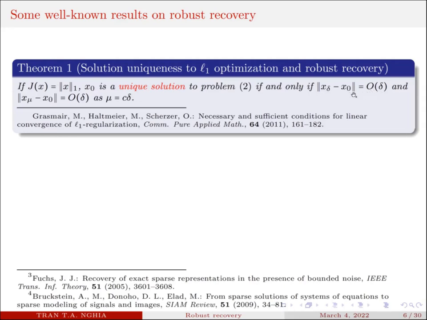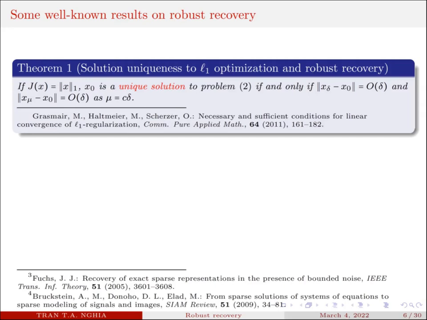From now on, whenever we have this kind of error, we say it is a linear rate for robust recovery. We also have the error between X mu, the solution to problem 5, and X naught being big O of delta. Of course, mu right here needs to be chosen proportional to delta. This theorem looks very simple, but it is the whole story they proved.